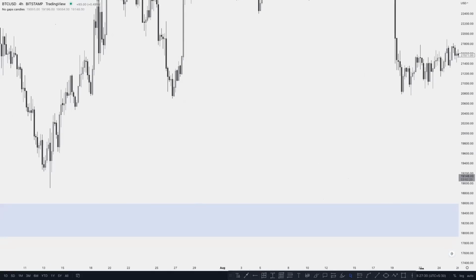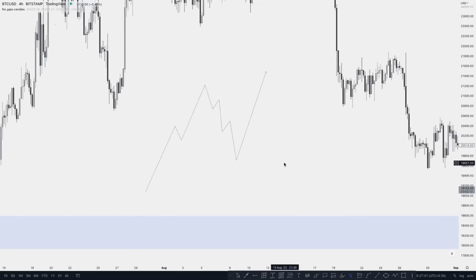For example, here the market is bullish, right? And then the market breaks the previous low. That means the pullback is over. When the market breaks the previous high or low, then the pullback is over.